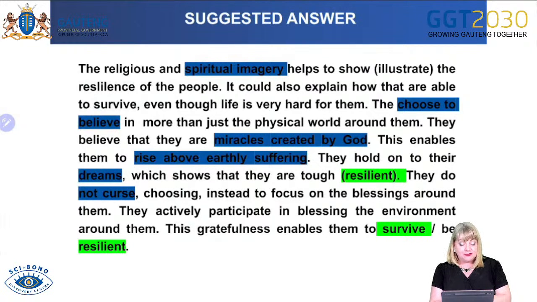They hold on to their dreams, which shows that they are tough or resilient. They do not curse, choosing instead to focus on the blessings around them. They actively participate in blessing the environment. This gratefulness enables them to survive and be resilient.